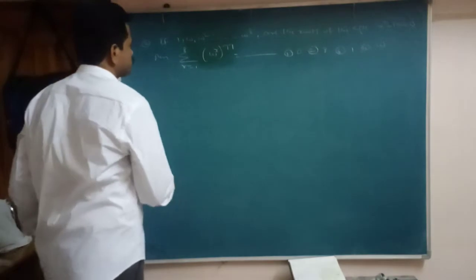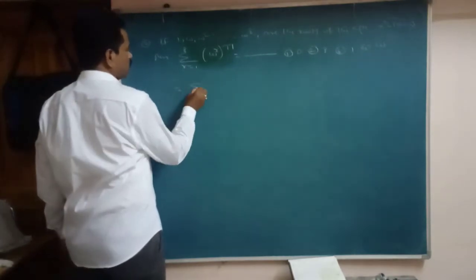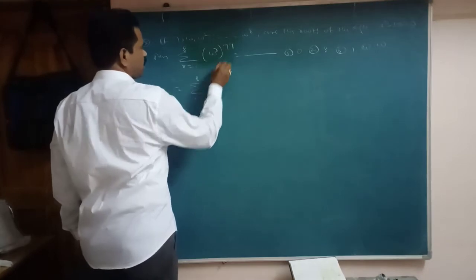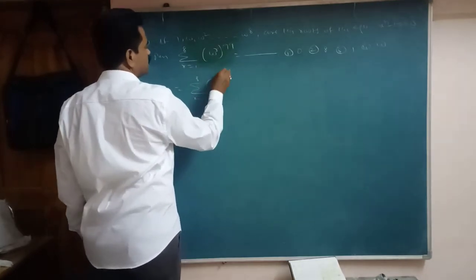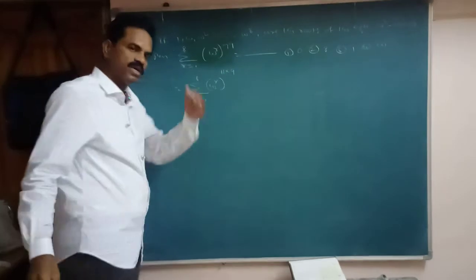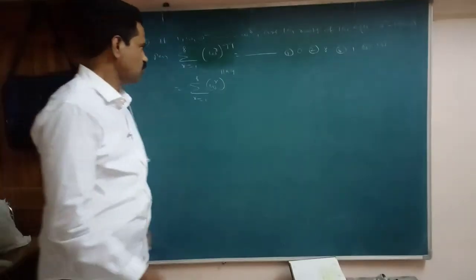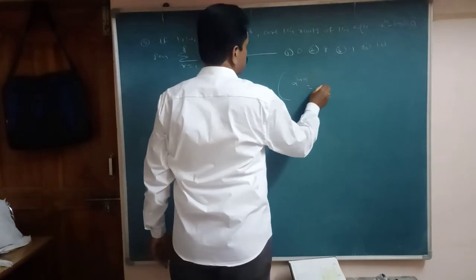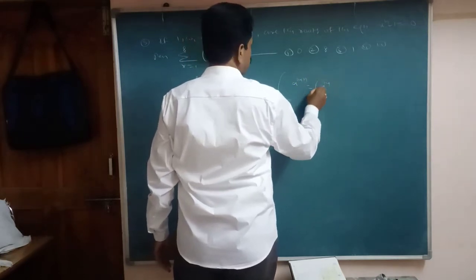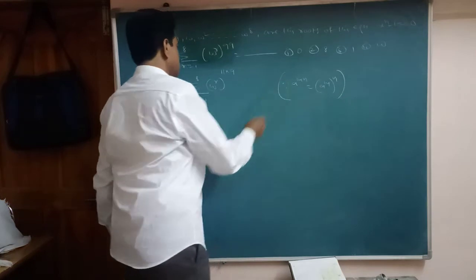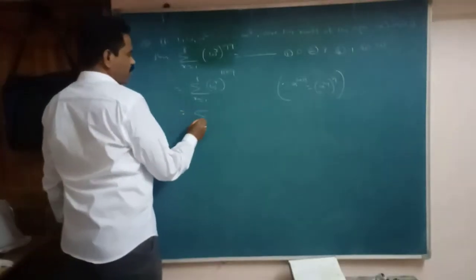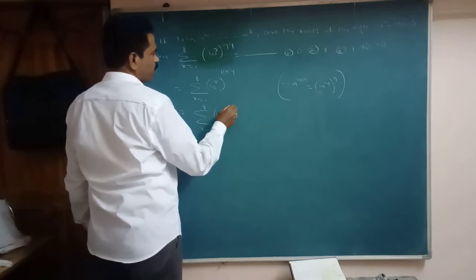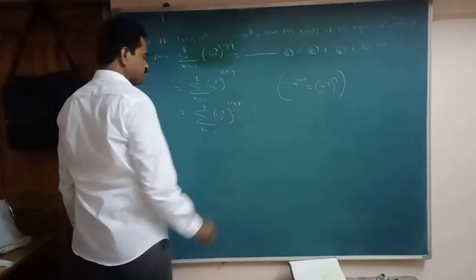Here, summation r equal to 1 to 8 omega power r whole power 99, I am taking 99 as 11 into 9. We know that a power m whole power n can be written as a power m whole power n, so this equals summation r equal to 1 to 8 omega power 9 whole power 11 r.